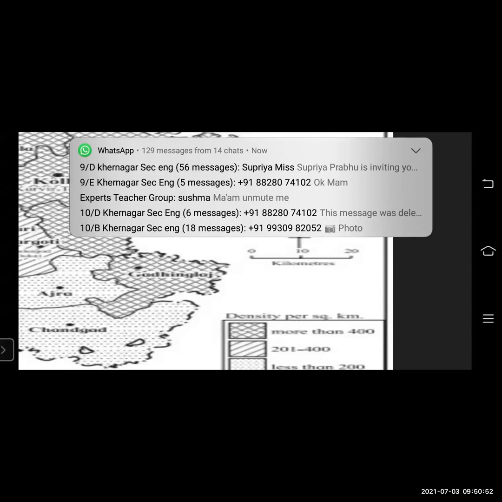Why are these directions very important? Because questions are asked like in which direction the density of population is increasing, in which direction it is decreasing. At that time, students, you cannot write the name of places. You cannot write Kolhapur the density is increasing, or Shirol the density is decreasing. That will be the wrong answer. What is asked is the direction. That is why learning the direction is very important.